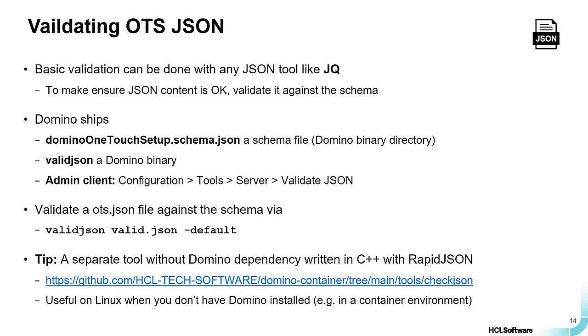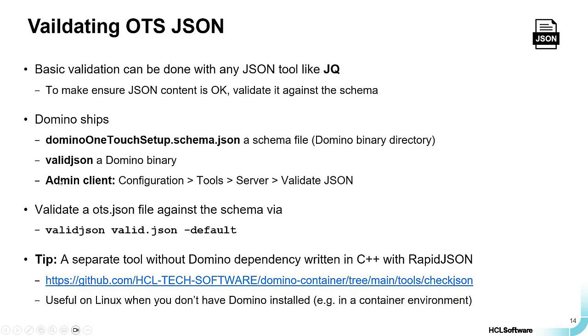And there is a command line tool, validjson, which is a Domino binary. It's on the server, and you could run it with validjson, the JSON file, and then you specify the schema. If you put in -default, it would find the standard Domino schema for JSON.